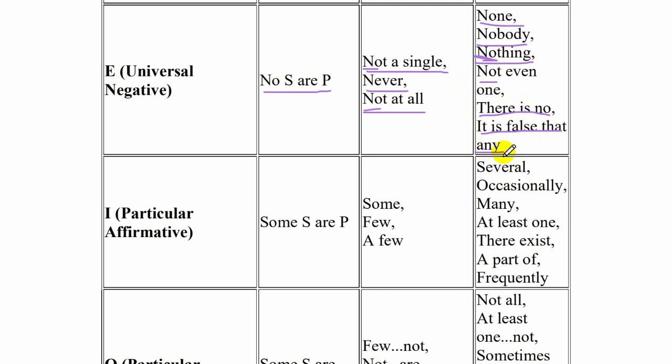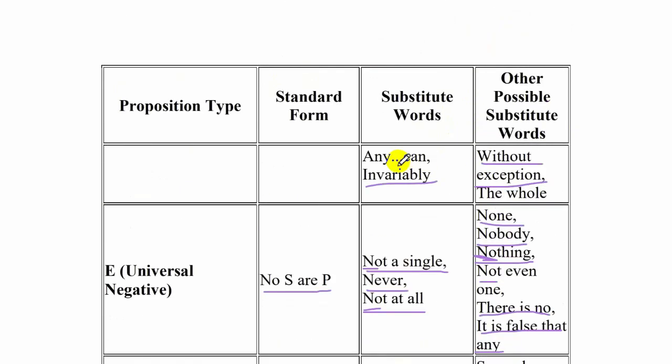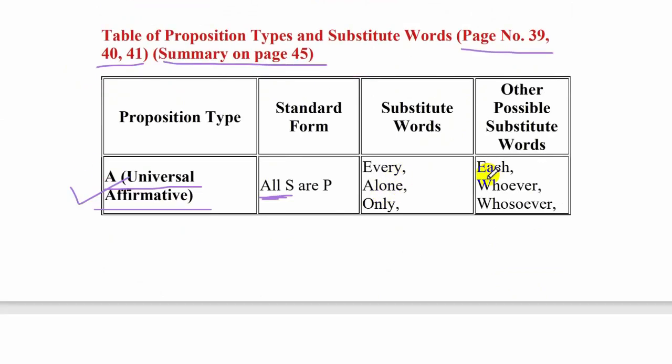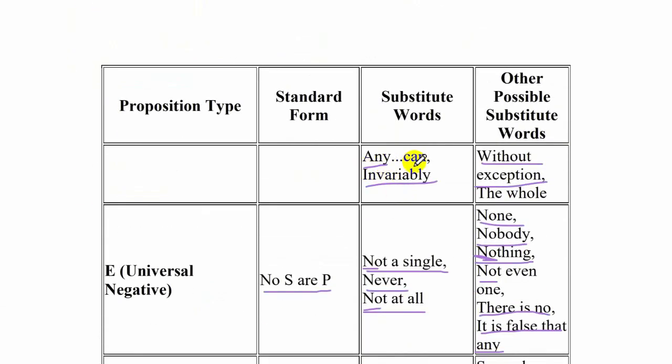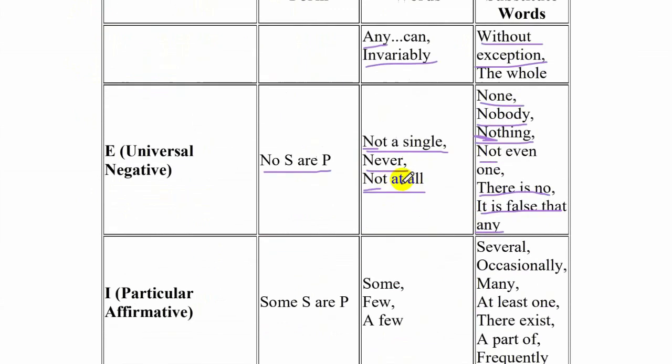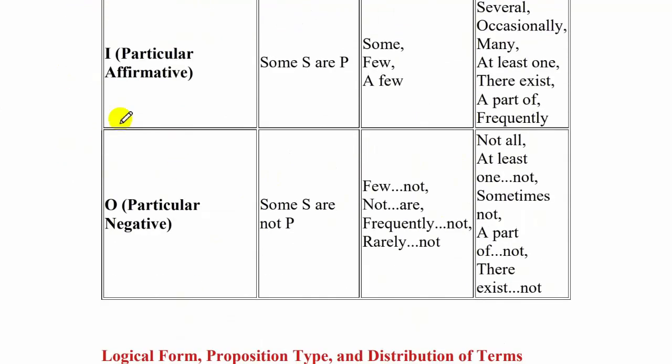There is no. Again, no. 'It is false that any' means they are talking about it in a negative sense. We checked out earlier that any means all. But now it is saying it is false that any. Earlier the word any was also 'anyone can', so it's the opposite of that. It says it's false. False means it goes into the E proposition type, universal negative.